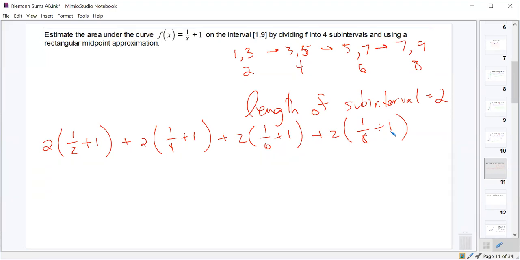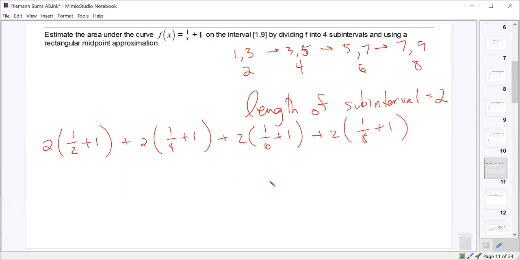10.083. Okay. And so what is that as a fraction? I like fractions better. Anybody got that as a fraction? 10 and 1 over 12.